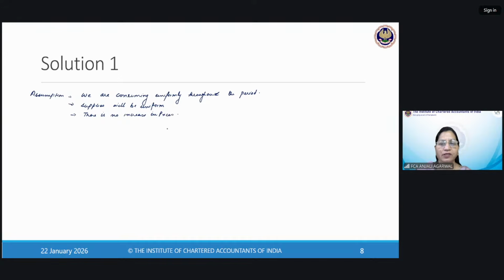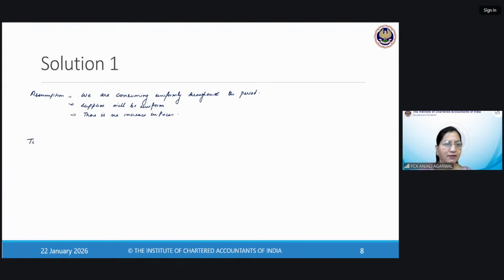So if EOQ is, let's say, 3,000 units, but if I come to know that from next month, the prices of the commodity will be doubled, do I still stick to EOQ? No. I will hoard. I will buy in bulk so that I may not have to pay more price in future. So these are some of the limitations and assumptions of EOQ.